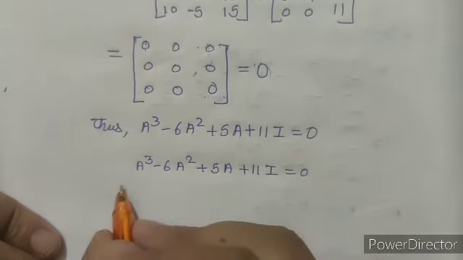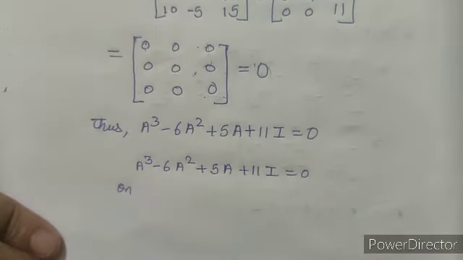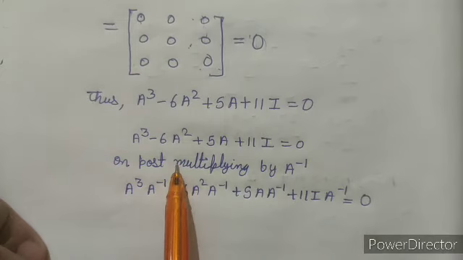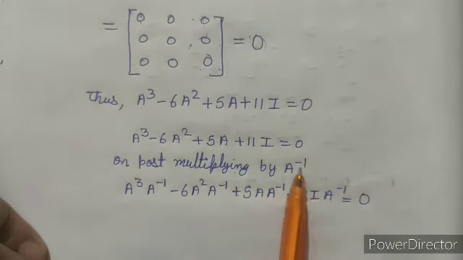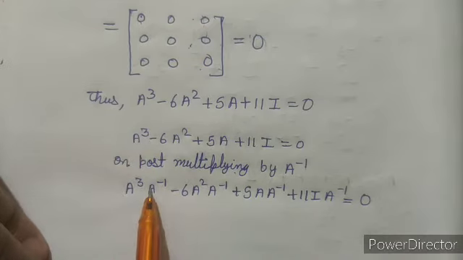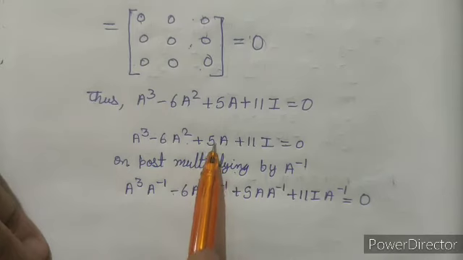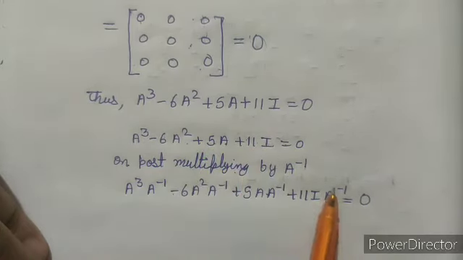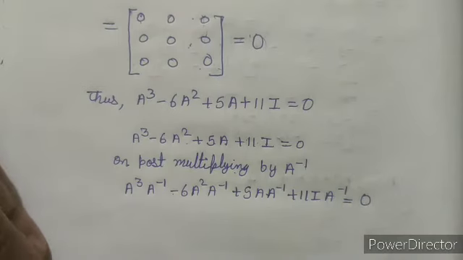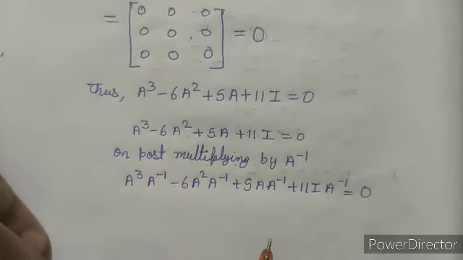On post multiplying all the terms of this equation by A inverse, we will get A cube into A inverse minus 6A square into A inverse plus 5A into A inverse plus 11I into A inverse equal to 0 into A inverse, and 0 into A inverse will be equal to 0.